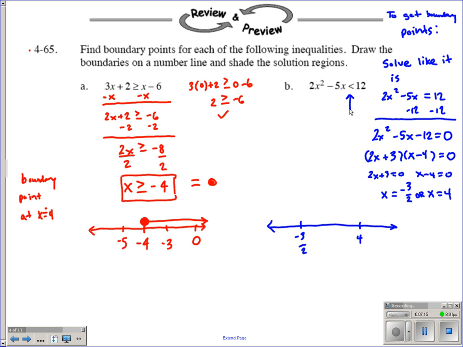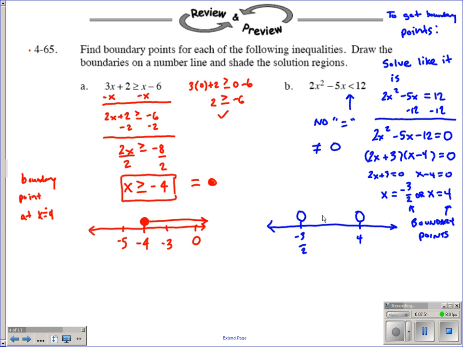Because there is no equals sign, we're thinking of this as not equals, which is going to be an open circle. We need to put an open circle at the boundary points. So remember, these are our boundary points. Okay, so we got negative 3 halves and we got 4. That's where they end up being here.